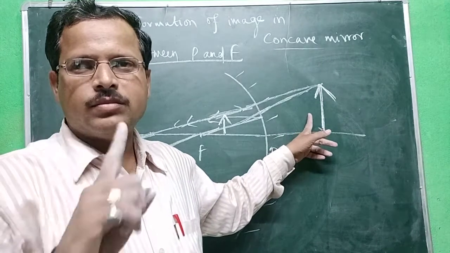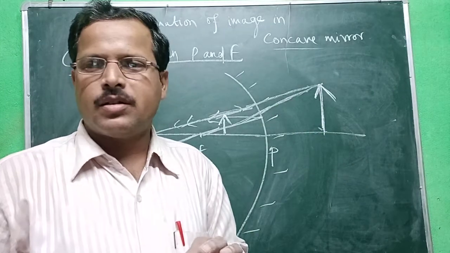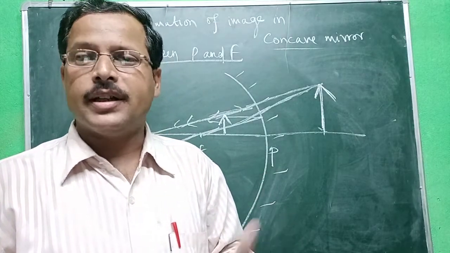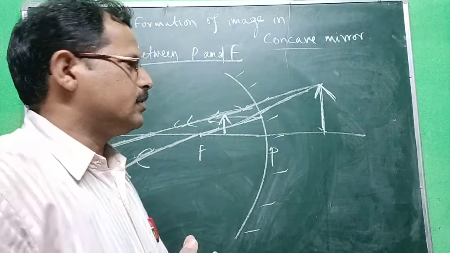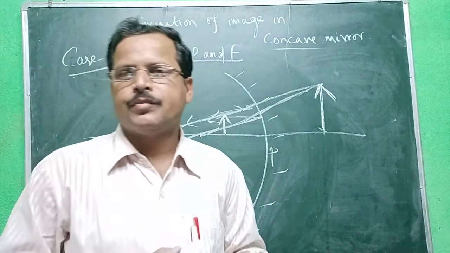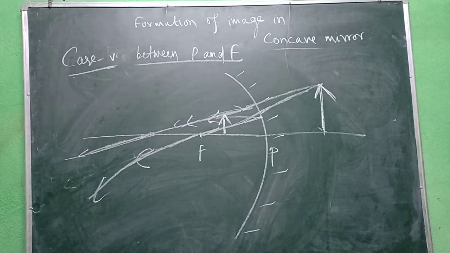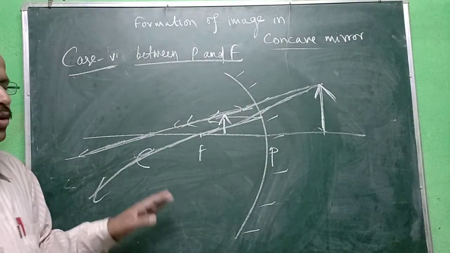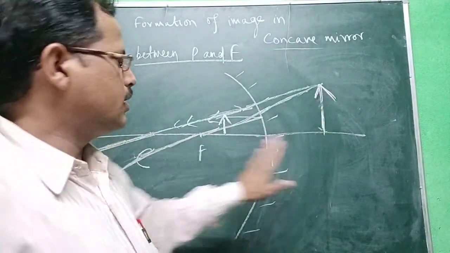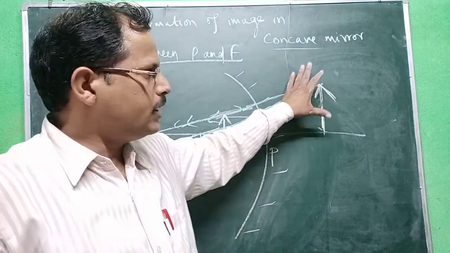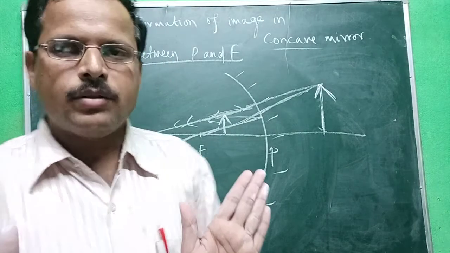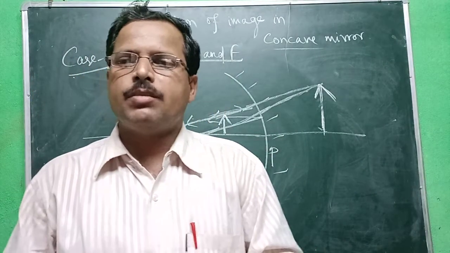And erect or inverted? Not inverted, an erect image. And what is the size? Size is enlarged. Here the image is enlarged, of bigger size than the object. The height of the image is larger than the height of the object. So this is all about image formation in case of a concave mirror.